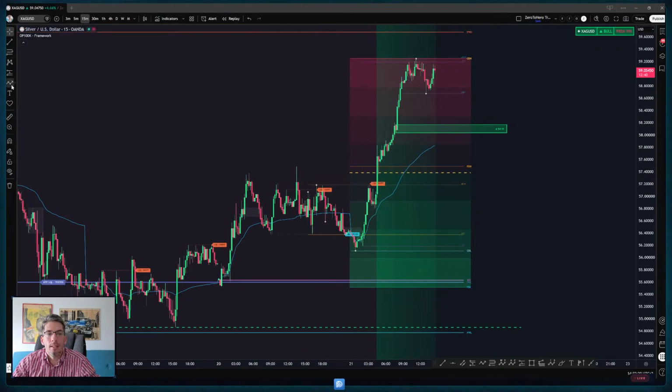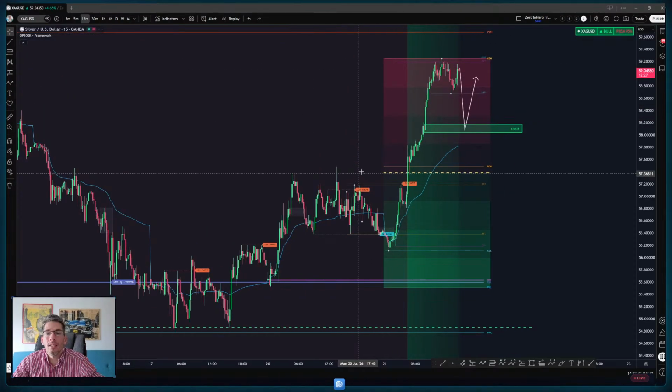Similar story in silver. I would love to see at least a test of this 15 minutes order block before I say, okay, we can try to get into a long position. Trend is bullish, I get it, but we are in a premium zone. And if I'm just looking for a previous week's high as my next target, it's going to be hard for me to get good enough risk reward.